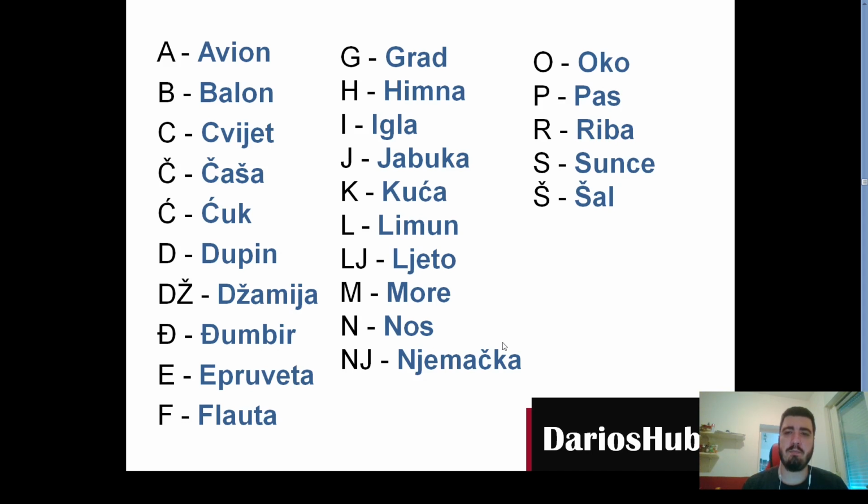Š, šal. This is the same as words which start with sh in English, like shawl, which is the same meaning as šal in Croatian.